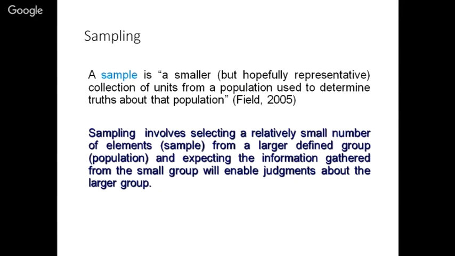So next is, what do you mean by a sampling process? As given in the PPT, a sample is a smaller but hopefully representative collection of units from a population used to determine the truth about that particular population. It means that on the basis of the sampling process, we are able to generalize or predict the behavior of the mass phenomena.